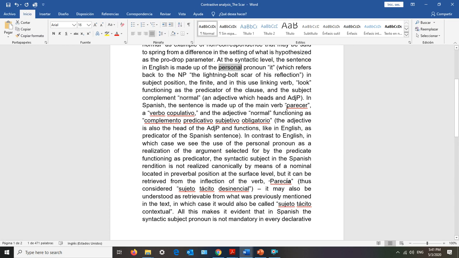In contrast, in Spanish, we have the verb, the adjective, and we have no employment in Spanish of a personal pronoun.